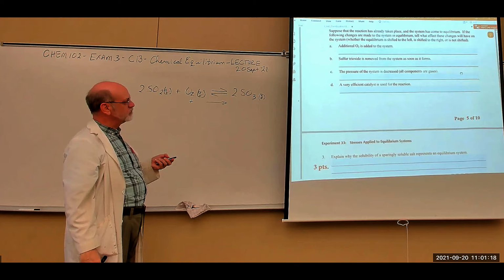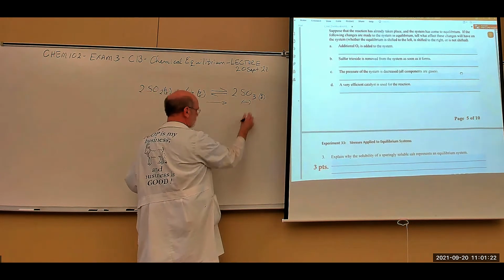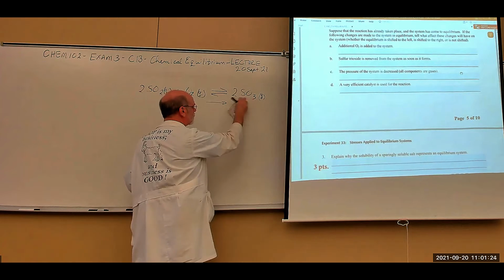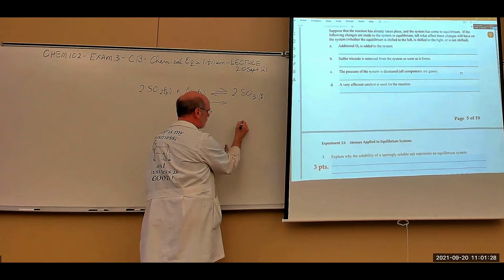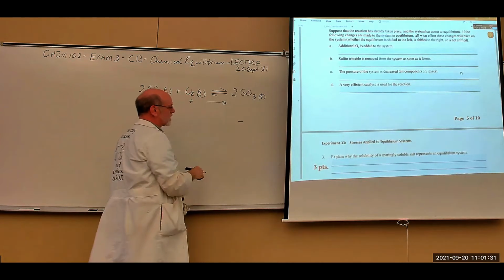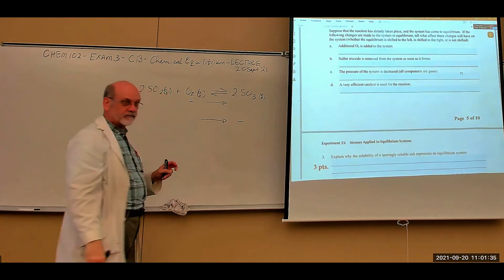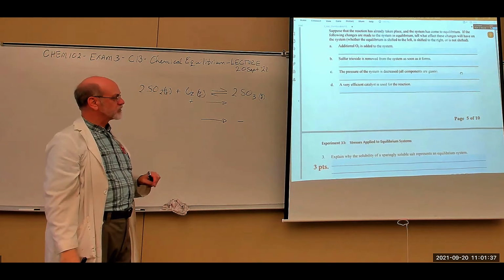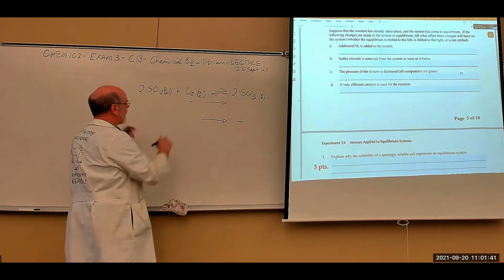Sulfur trioxide is removed from the system as soon as it forms. If we're subtracting this one, let's see, let me put it down here. Now, if we're subtracting this one, what does that do? It also shifts to the right. Pressure of the system is decreased. All components are gases.